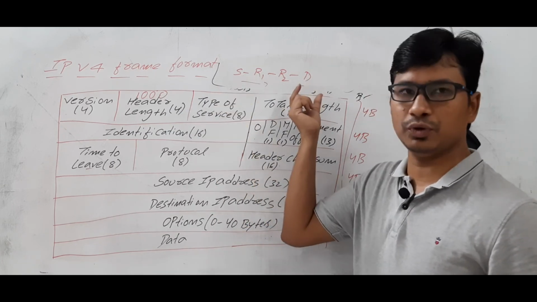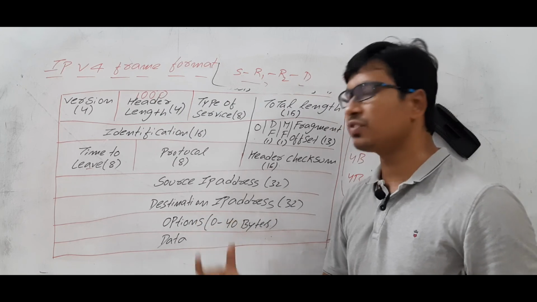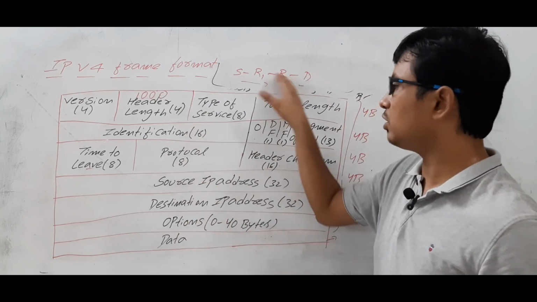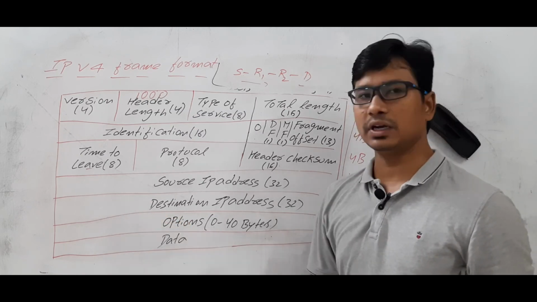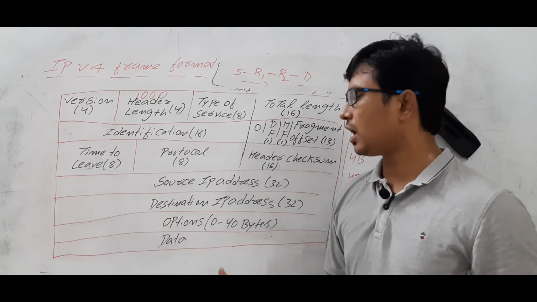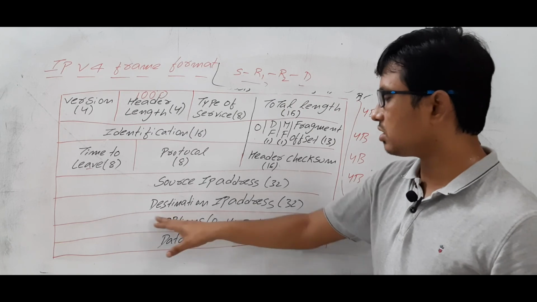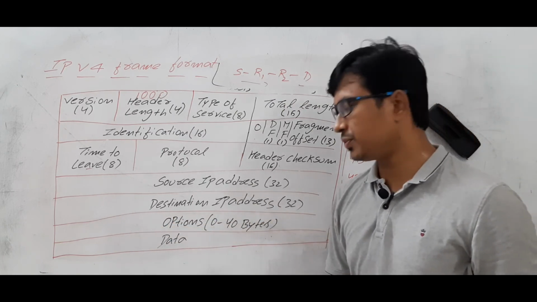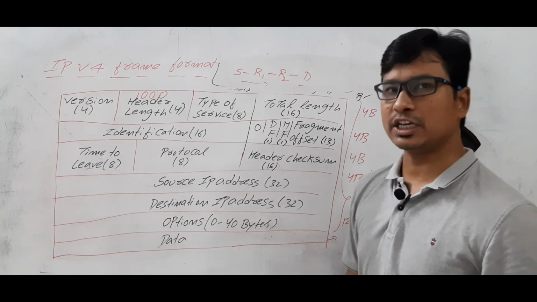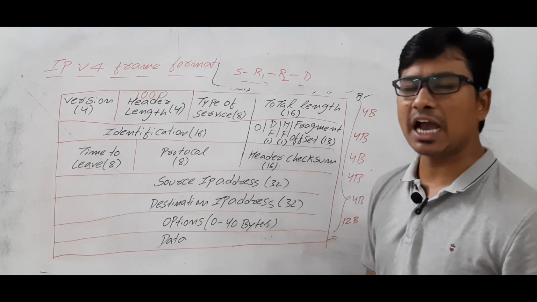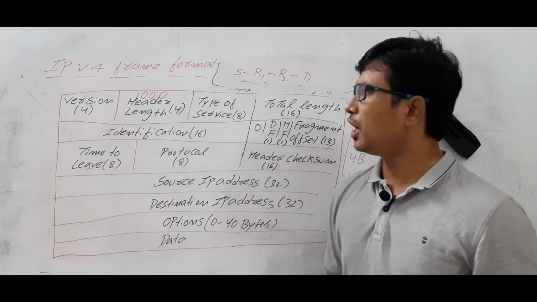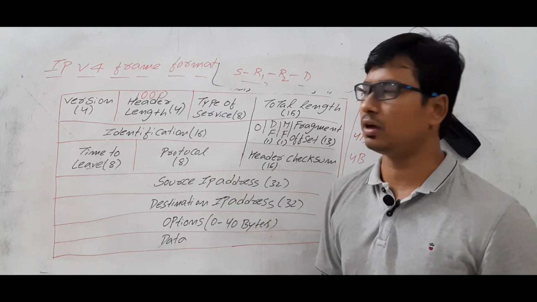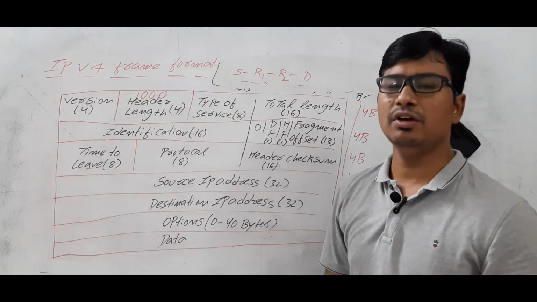Source itself computes the complete path and specifies it in the option, so this packet will go according to the information provided in the option. So here you can have record route and strict source routing. All this information will be provided in the option field, and then you have the actual data, which is maximum 65,515 bytes. I hope you have understood the IP version 4 frame format.